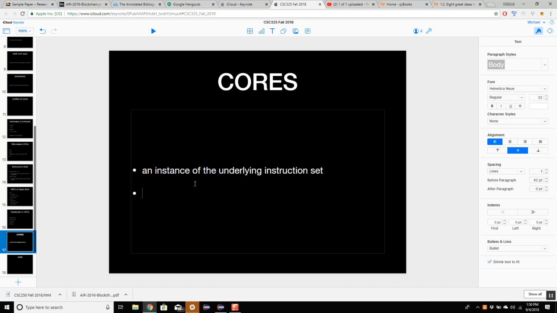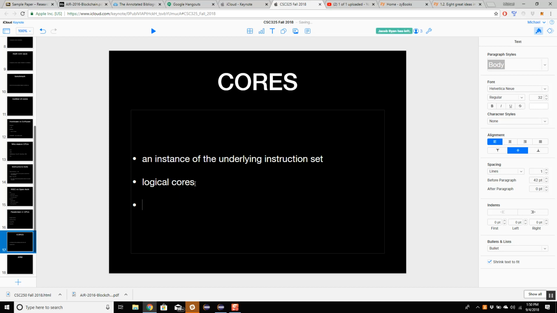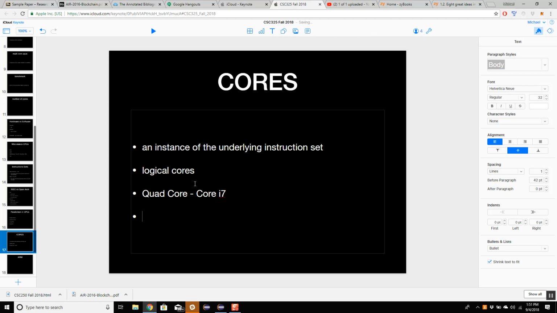Now, how many of you have ever seen this thing called logical cores? So, for instance, if you were to go out and look at a, we're going to say quad core Core i7. So we would say, oh, that can do 4 things at once.